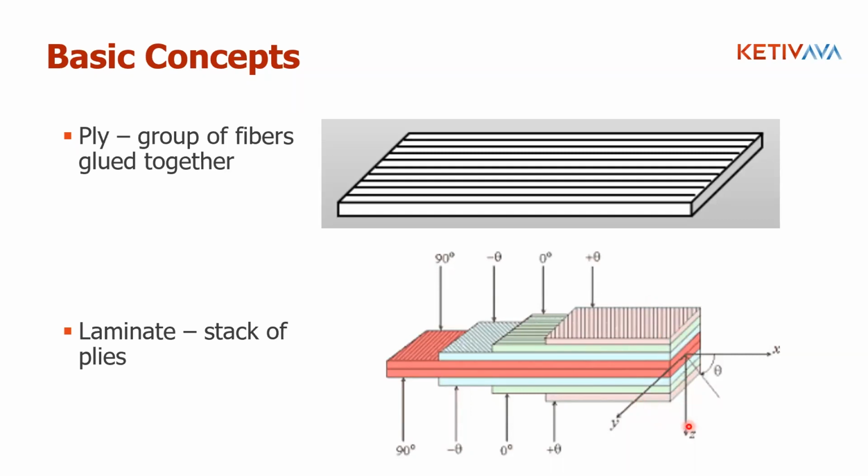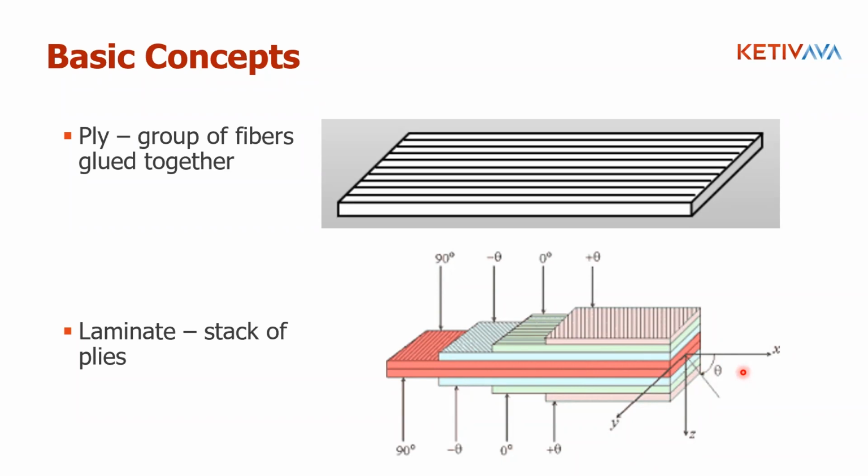So as you build the stack, you are going to say, layer one is going to be what material, what thickness, and you define the theta, which is going to be the orientation of your ply.